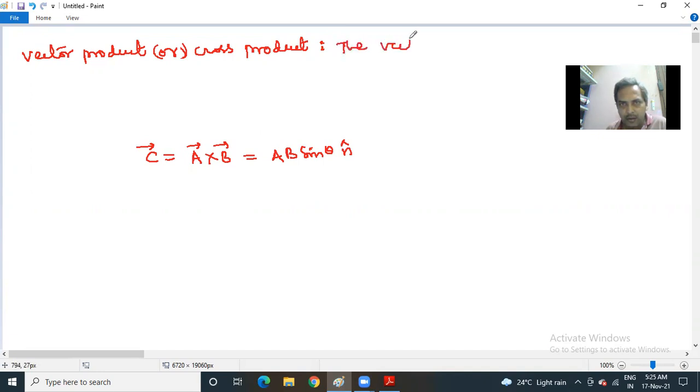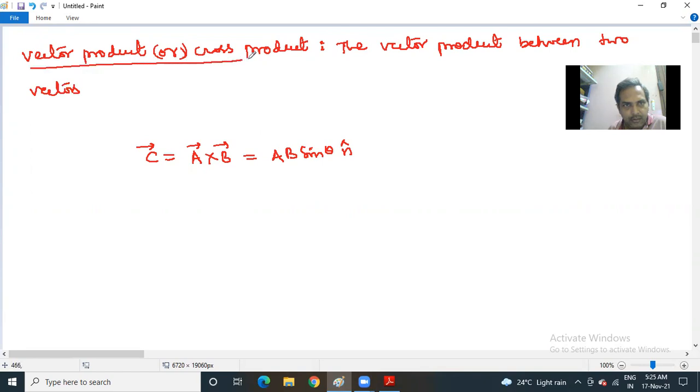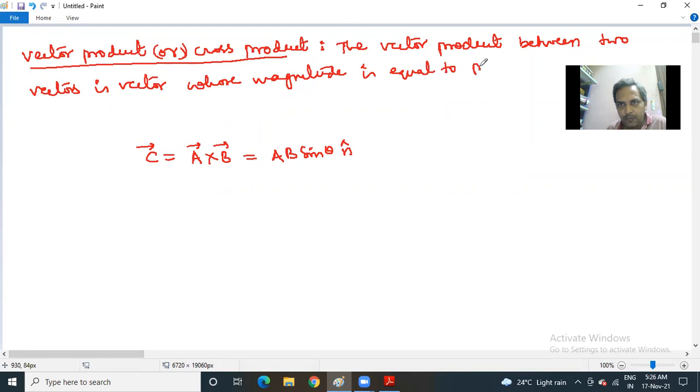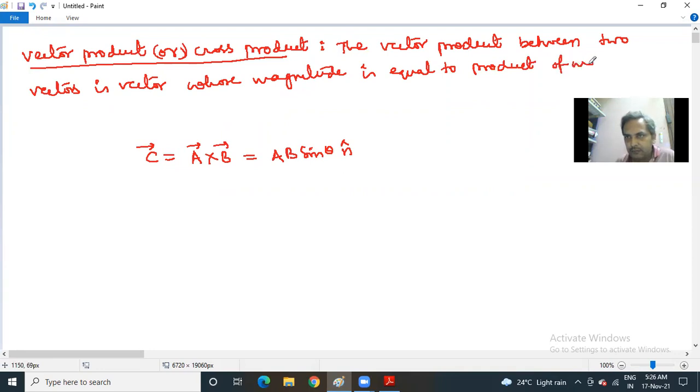The vector product between two vectors is a vector whose magnitude, means magnitude of C, so C is a resultant, it is a vector whose magnitude is equal to the product of magnitude of those two vectors.